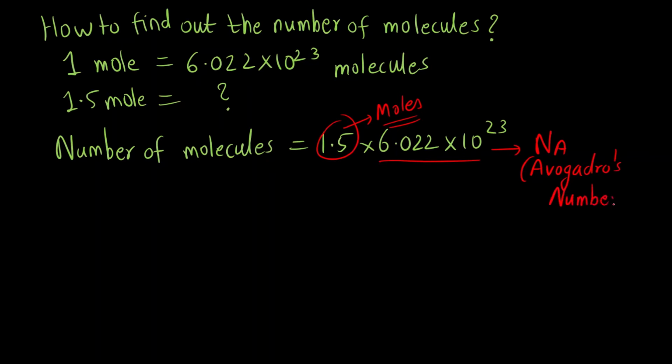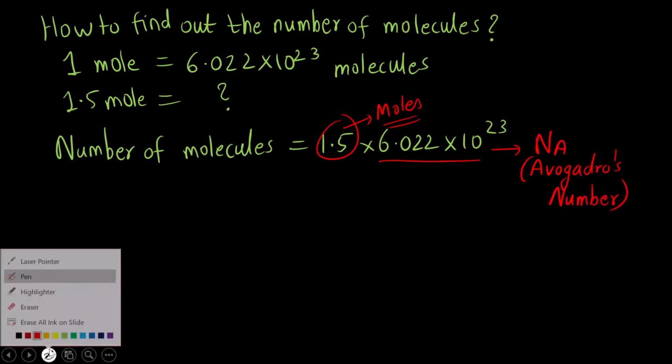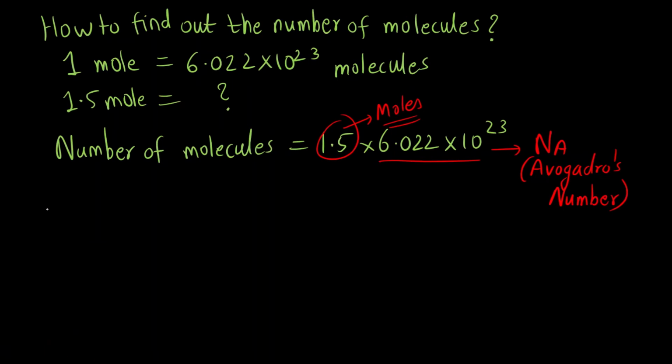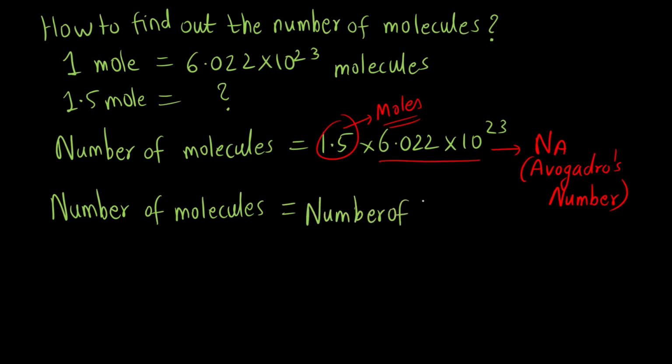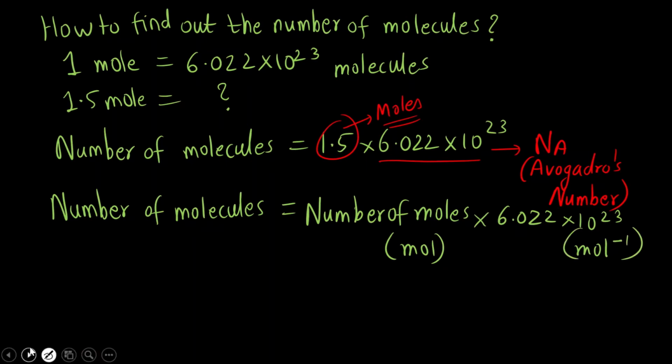So from this it is very clear that the formula for number of molecules is number of moles of that particular substance whose molecules you have to find out, unit mole, into Avogadro number, 6.022 into 10 raised to 23, and the unit of Avogadro number is mole inverse.